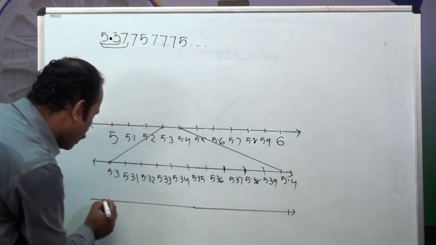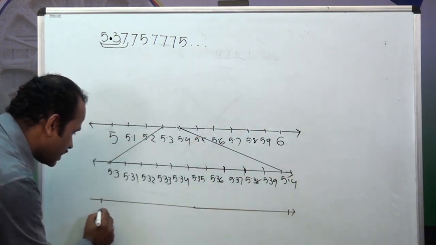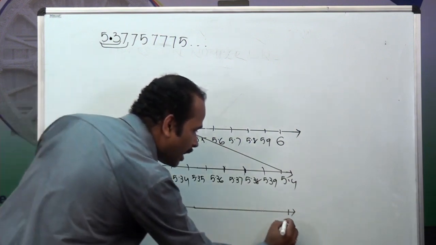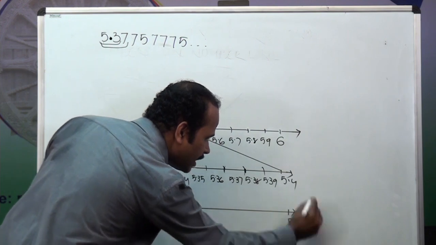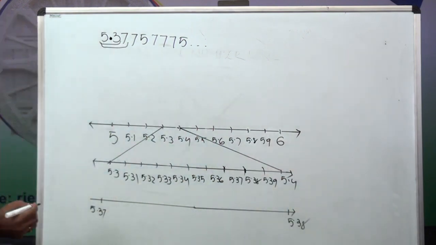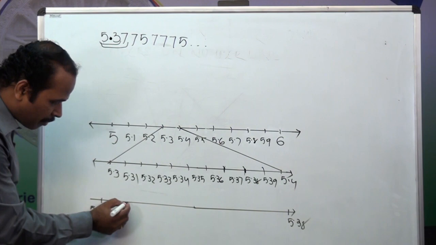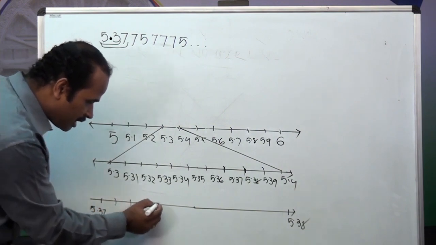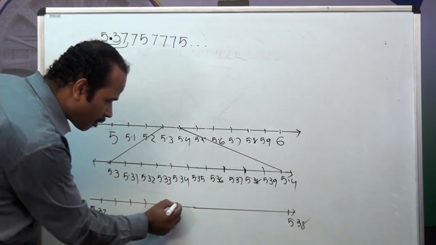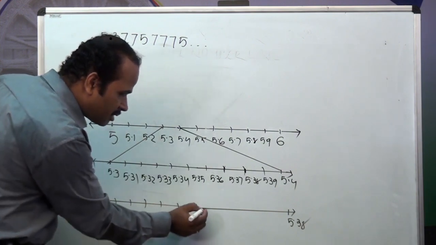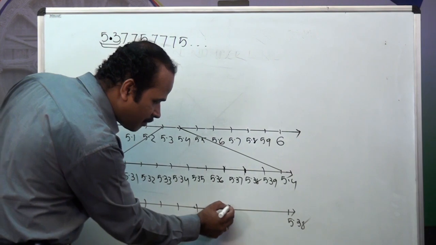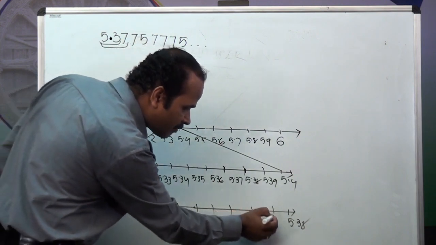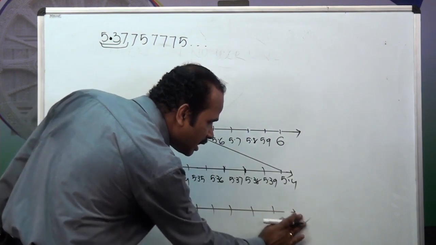If we go on increasing the number of lines like this, let me take this as 5.37 and this point is 5.38. If I again divide the same line into 10 equal parts, for example it is 5.371, 5.372, 5.373, 5.374, 5.375, 5.376, 5.377, 5.378, 5.379 and 5.38.